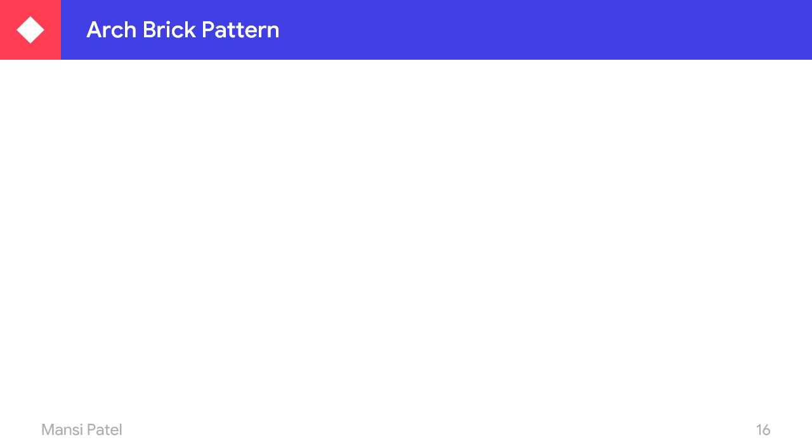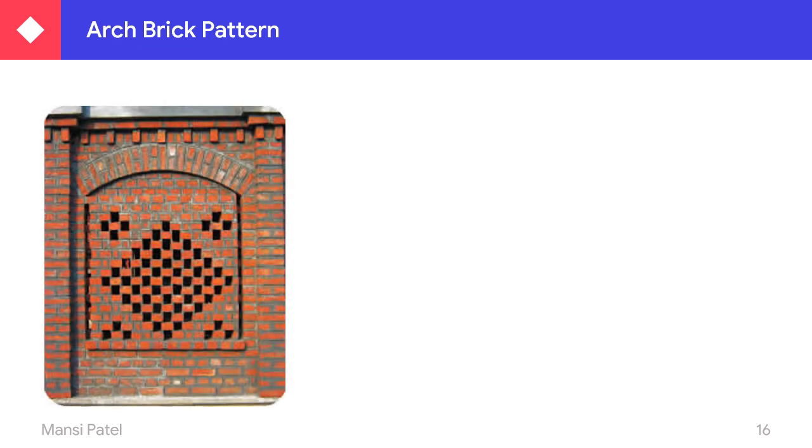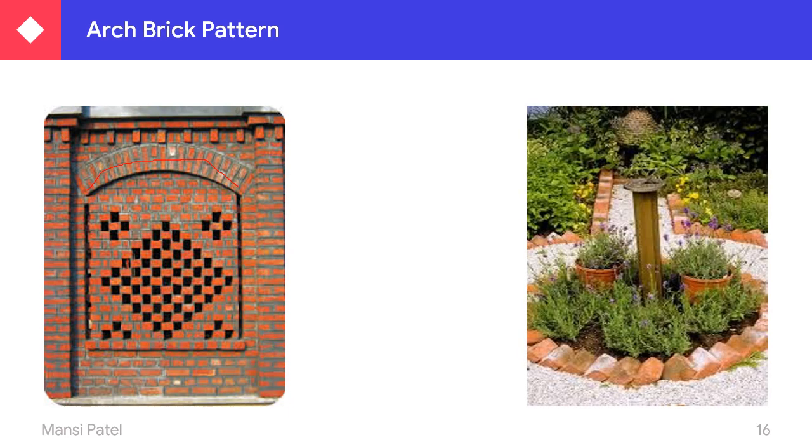See another arc brick pattern. Here also you can see they are making an arc. So this is also known as arc brick pattern. Then this one is another. You can see here around these plants, masons are putting bricks in a slanting position.